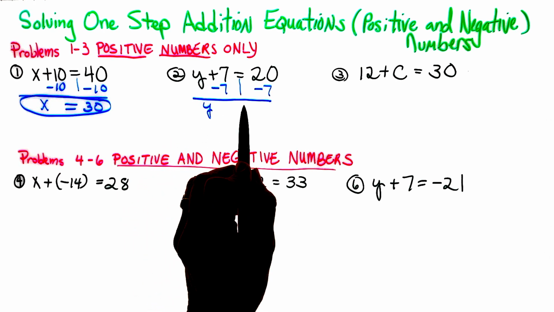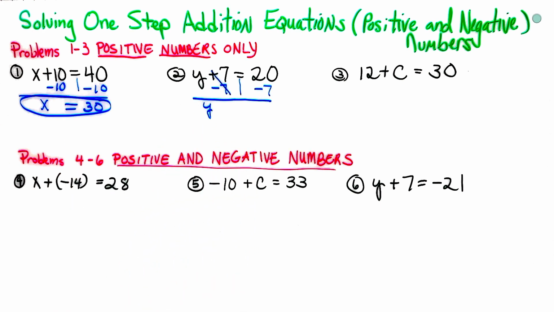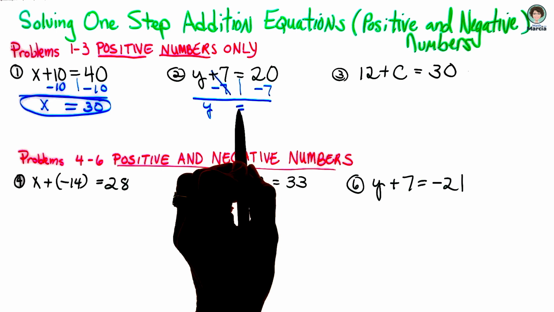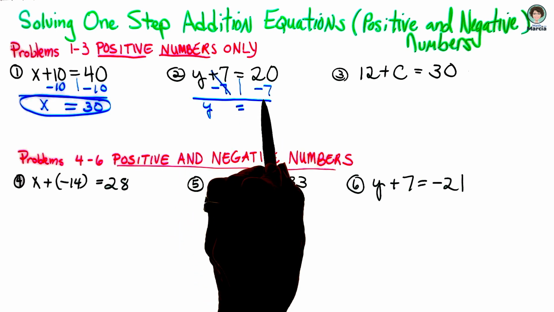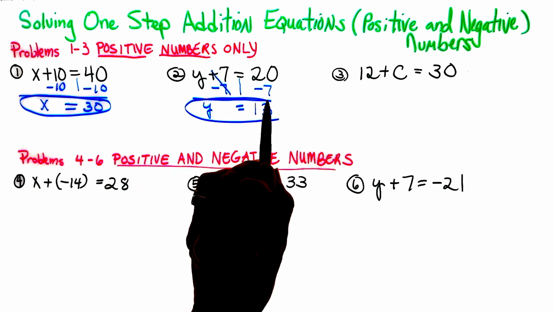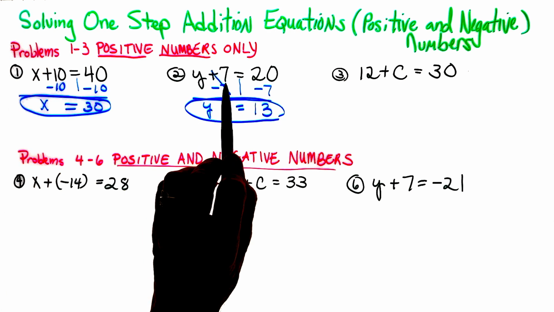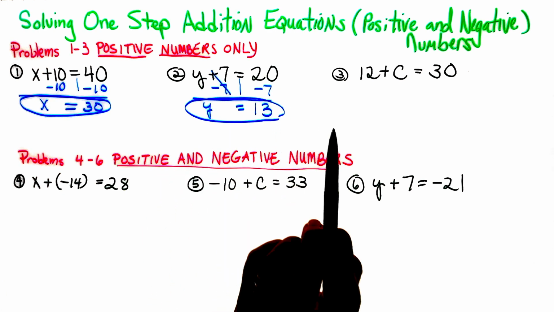Y, and notice plus 7 minus 7, that cancels out, it's 0. So y is equal to 20 minus 7, which is 13. And again, we can go ahead and check our answer just by putting 13 in there. And 13 plus 7 is equal to 20.